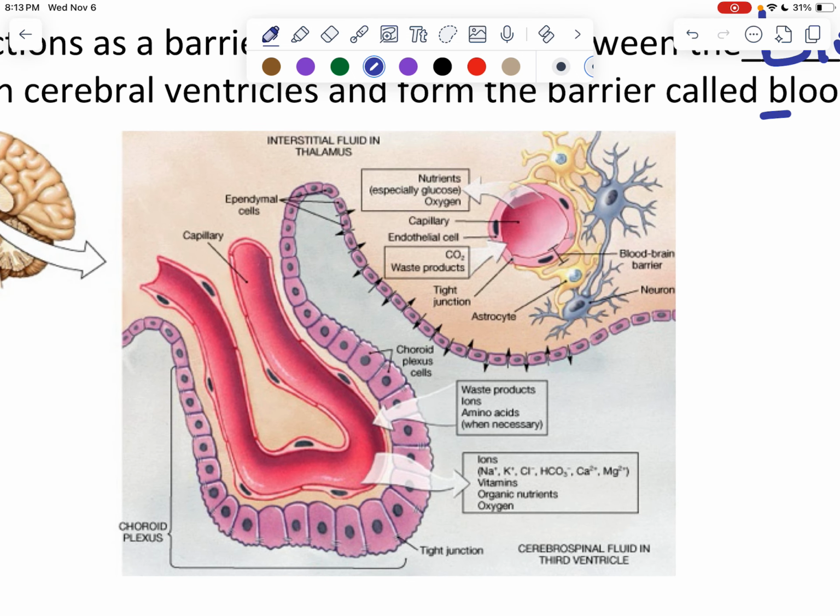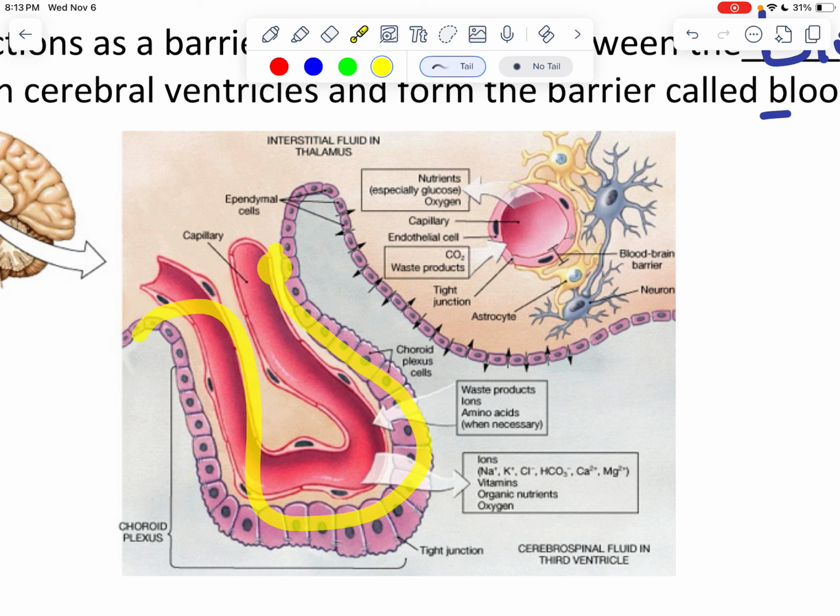Okay, so if we zoom in here, let's take a look. We have the inside of the thalamus here in this space, and then this is the choroid plexus. And then we have the cerebrospinal fluid in the third ventricle. So what's happening is an exchange. Ions, vitamins, not just gas but some other molecules too, are leaving through these cells, the ependymal cells: the ions, vitamins, organic nutrients, and oxygen leaving the blood capillaries.